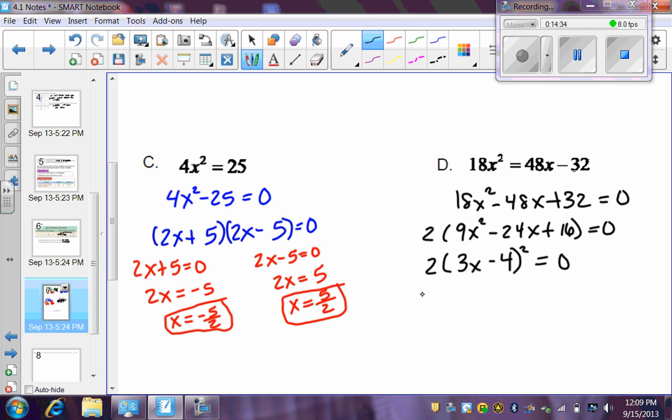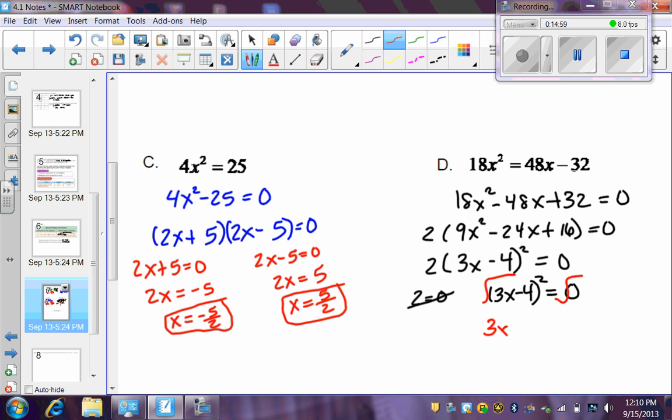So then I'm going to take each factor equal to 0. The first one tells me that 2 equals 0. Well, we know this will never happen. So this is extraneous. Don't worry about it. 2 is never going to equal 0. But then we also have (3x minus 4) squared equals 0. So to solve for x, I'm going to take the square root of both sides.